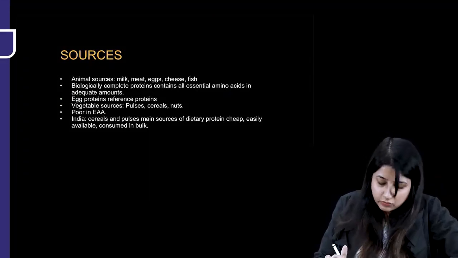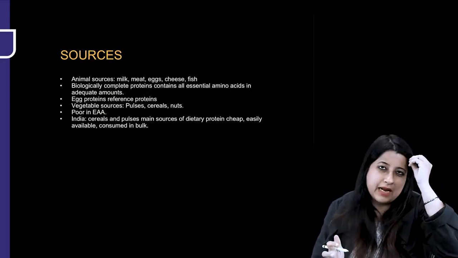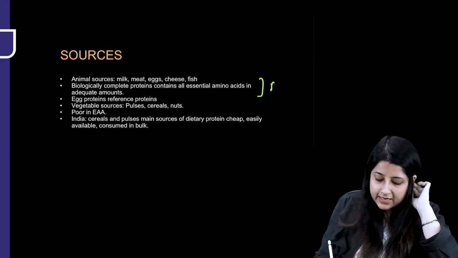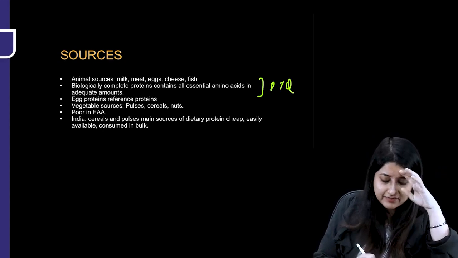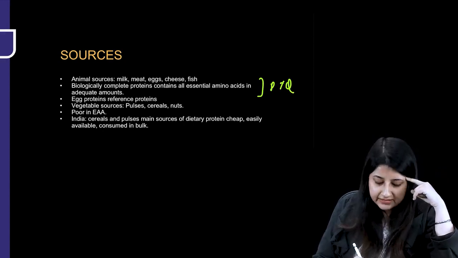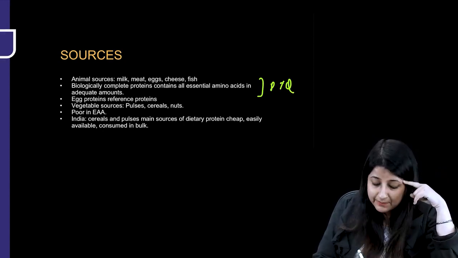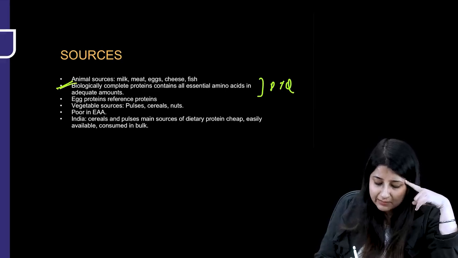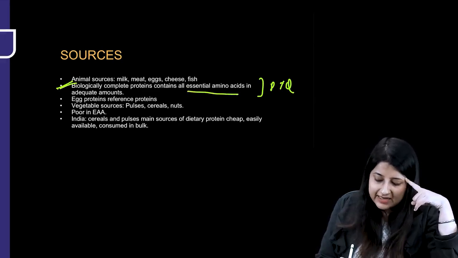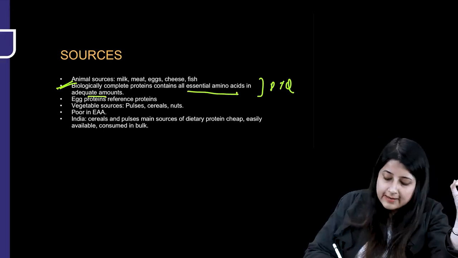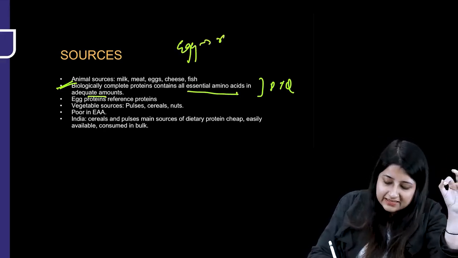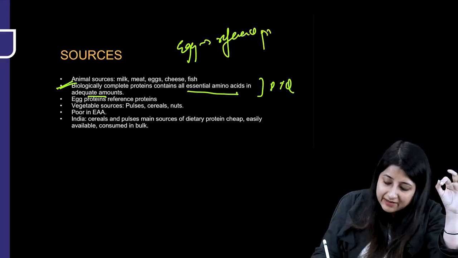Now sources. You can have animal and plant sources, but what is an MCQ is which are biologically complete proteins. Are they animal source proteins or vegetable source? Please remember, animal sources are biologically complete proteins because they contain all essential amino acids in adequate amounts, and we all know that egg has been taken as the reference protein. We'll be seeing egg also.